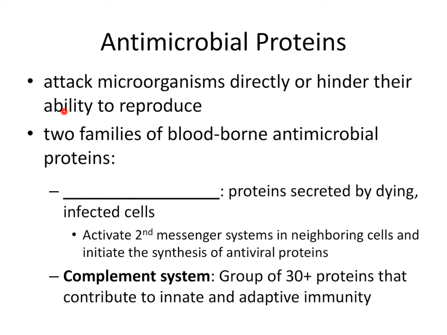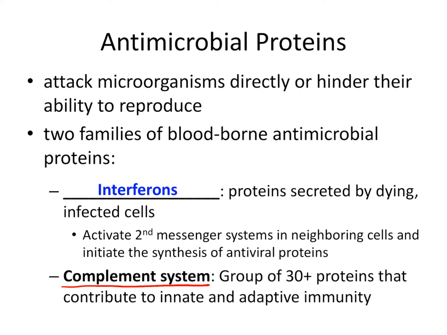And of course, depending on if the pathogen is a virus or a bacteria, this could look different in both of those instances. Essentially, however, there's going to be two families of blood-borne antimicrobial proteins. These are interferons and the complement system. So interferons are essentially going to interfere with viral replication.